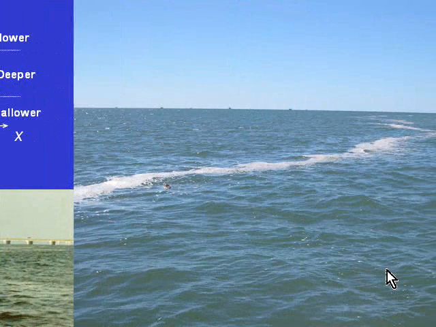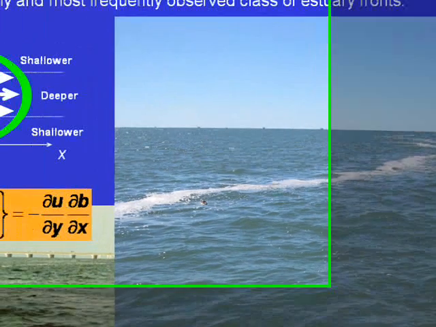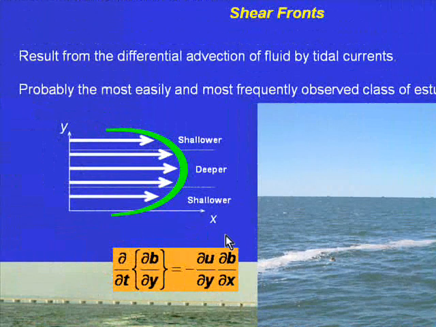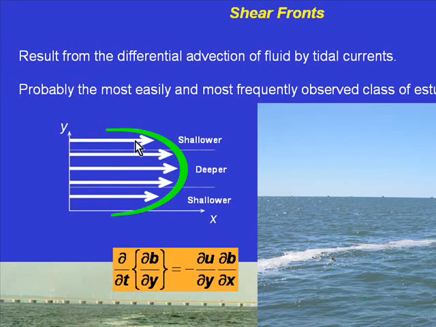And so that's a way of representing this mechanism here. It's the lateral shear interacting with the horizontal gradient of buoyancy. Right. So this is the horizontal gradient of buoyancy in that direction, interacting with the lateral shear of the flow.